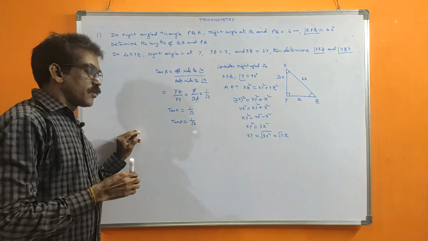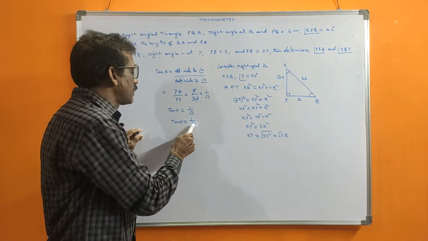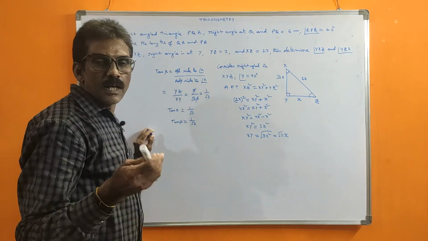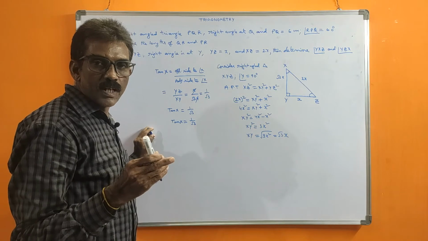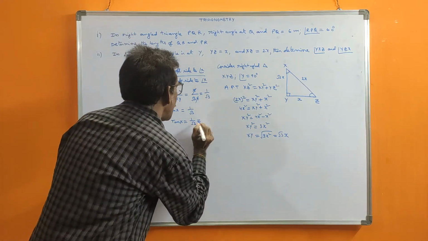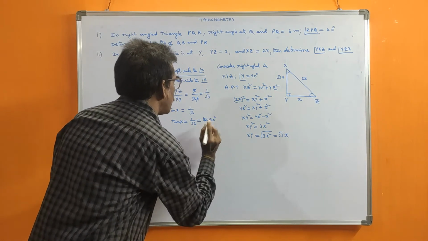We know from trigonometric tables for which angle the value of tan is 1 by root 3. See, tan 0 is 0, tan 30 is 1 by root 3. That's why instead of 1 by root 3, we can write tan 30 degrees also.